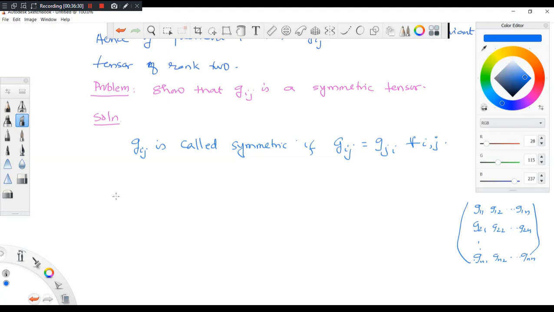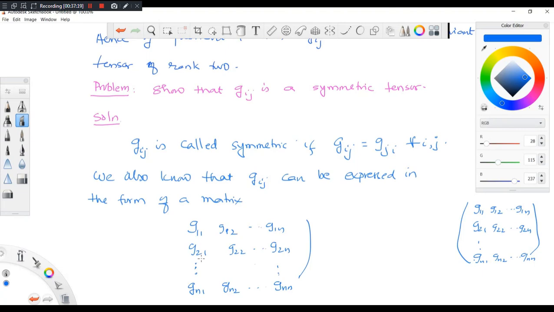We also know that Gij can be expressed in the form of a matrix: G11, G12, etc., G1n, G21, G22, etc., G2n, and Gn1, Gn2, etc., Gnn.